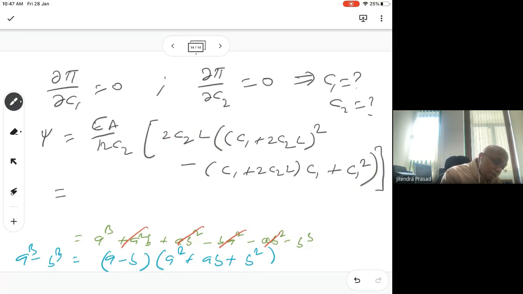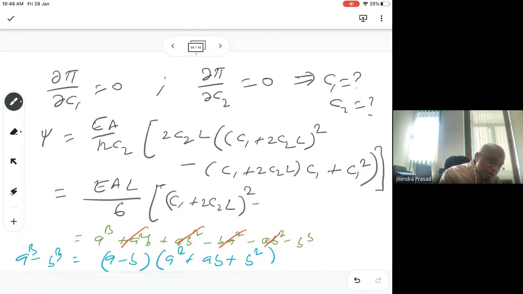So we have EA L over 6, right? EAL and 6 here, this cancels out. So this, and then we can have the whole term here: C1 plus 2 C2L square minus C1 plus 2 C2L times C1 plus C1 square.